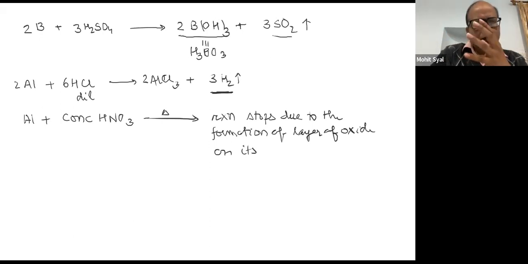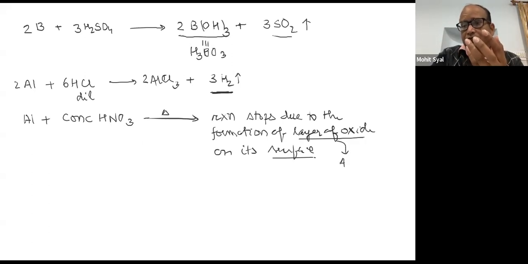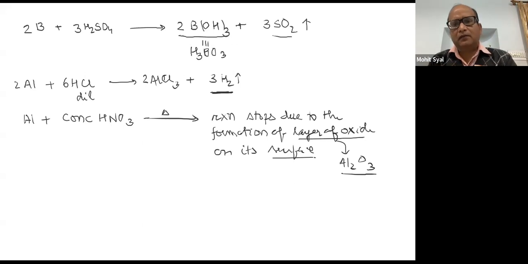It stops because of the formation of a layer of oxide on its surface. And this layer of aluminium oxide, Al2O3, is very, very hard. Because it is hard, it forms a thick layer on the surface, which prevents the reaction of aluminium. The aluminium inside doesn't react because of the formation of this hard layer on the surface.